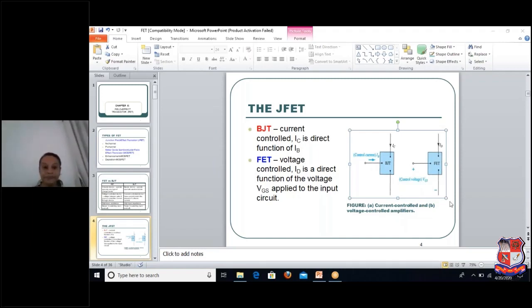Here the drain current is known as ID, and it is controlled by the voltage between the gate and the source. So it is understood.